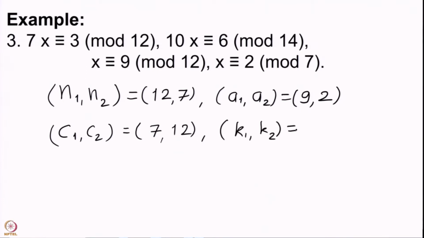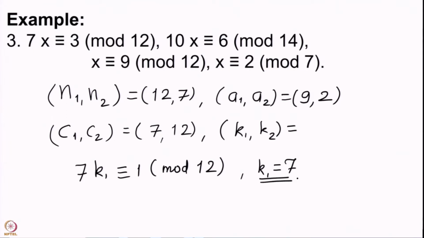What would be K1? K1 should have the property that when I multiply K1 by 7, I get 1 modulo 12. So I want to compute the inverse of 7 modulo 12, and this is something that we have already done in the last slide. K1 is 7 itself.